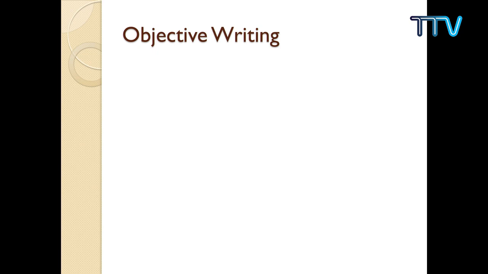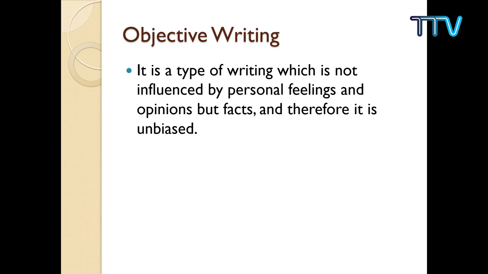Then you have objective writing. Like subjective, now this one is objective, focuses more on the fact, on the object rather than the subject. So, it is a type of writing which is not influenced by personal feelings and opinions, but by facts, and therefore, it is unbiased. Because the focus is given more on facts, not on the feelings associated, not on the opinions of the writer, it is unbiased, meaning impartial.